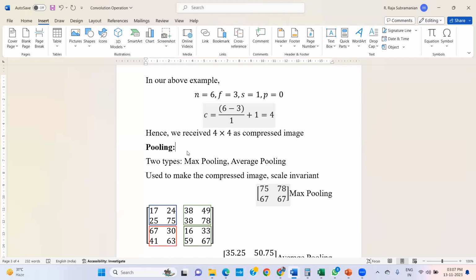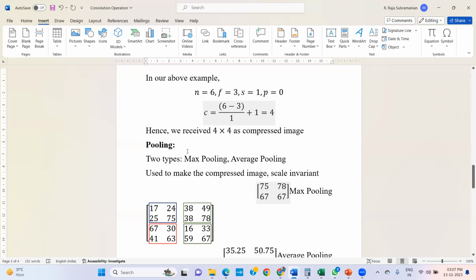So in order to handle the dimensional changes, there should be some mechanism to say that the original image and the compressed image are alike and they are not different. To make it scale invariant, that is, bigger image or smaller image or any sized image, they are the same. In order to say that they are the same, we need to do something called pooling. And there are two types of pooling involved, called max pooling and average pooling. Both are simple concepts.